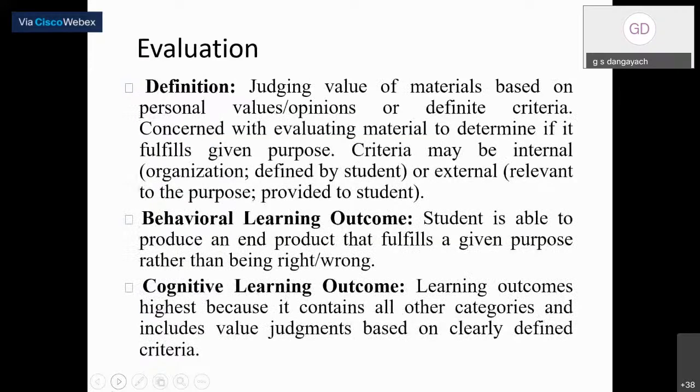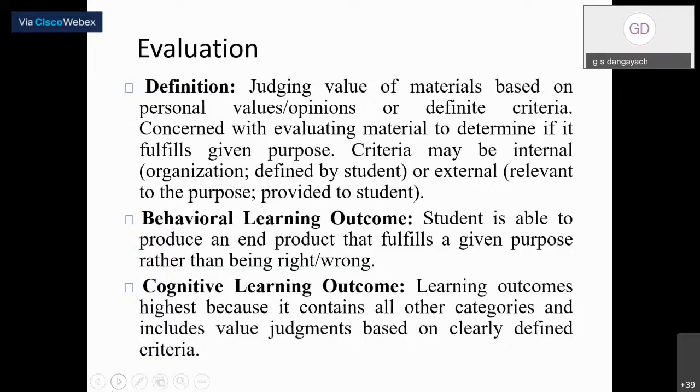The last level of the cognitive domain of Bloom's taxonomy is evaluation. Here, judging the value of material based on personal values or definite criteria, concerned with evaluating material to determine if it fulfills a given purpose. It means we want to evaluate. Criteria may be internal, like organization defined by the student, or external, relevant to the purpose provided to the student.